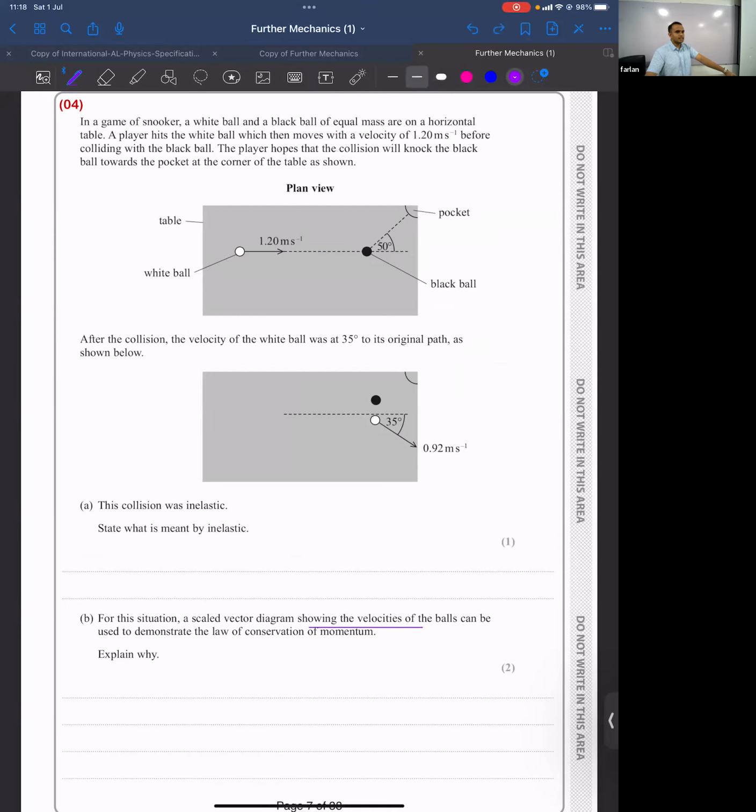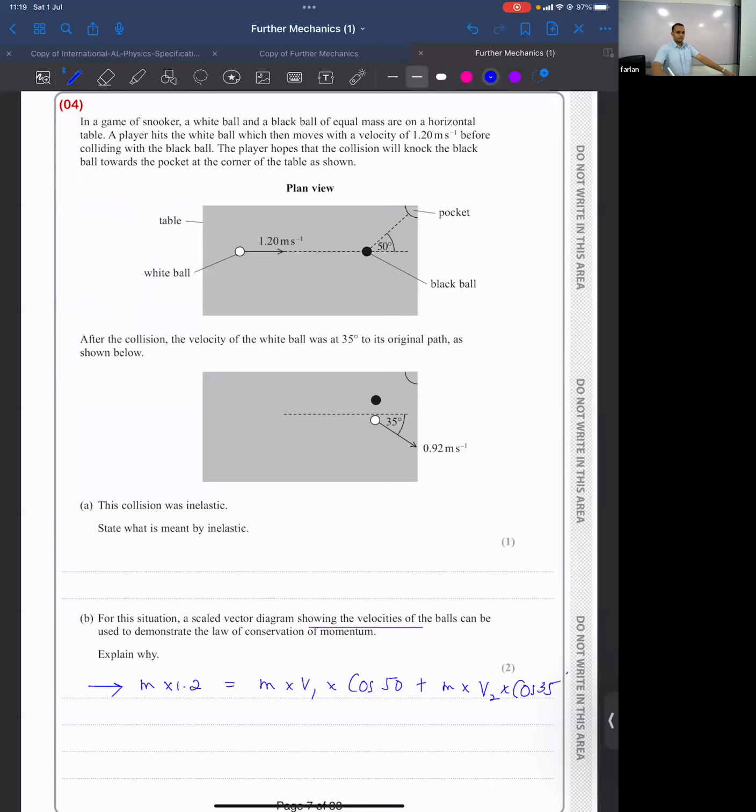So now for an example, listen, guys, listen. If I consider the momentum in the x direction, before collision, the momentum is, don't write anything, m into 1.2. After collision, the momentum is, I will take the black ball's velocity as v1, m into v1 into cos 50 or something, plus the white ball, m into v2 into cos 35 or something.